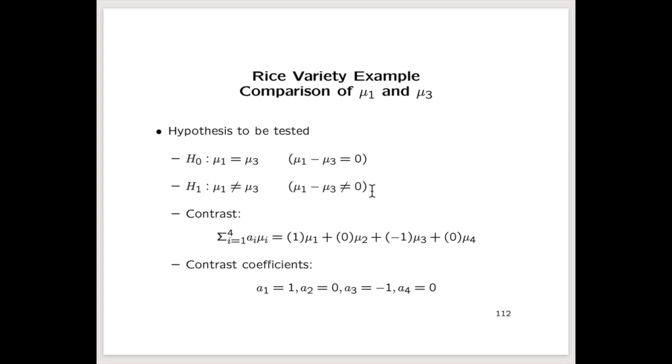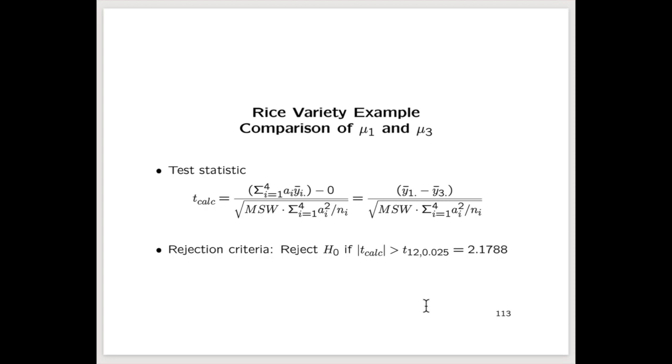The linear combination for this contrast is mu1 plus 0 times mu2 plus negative 1 times mu3 plus 0 times mu4. So we can pull off the contrast coefficients: A1 is equal to 1, A2 is equal to 0, A3 is equal to negative 1, and A4 is equal to 0.